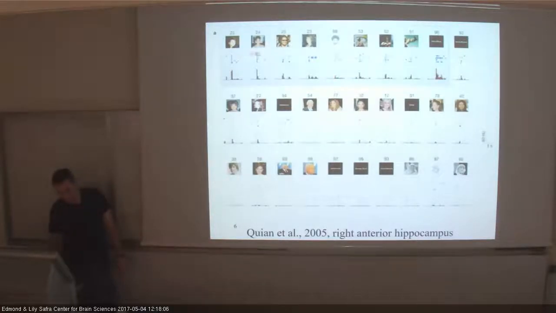But you see, these are all, it's kind of difficult to see, these are all different Halle Berries, and this is a drawing of Halle Berry. One of them is Halle Berry as a cat woman or something, which doesn't look exactly like this one. This is just the name Halle Berry.